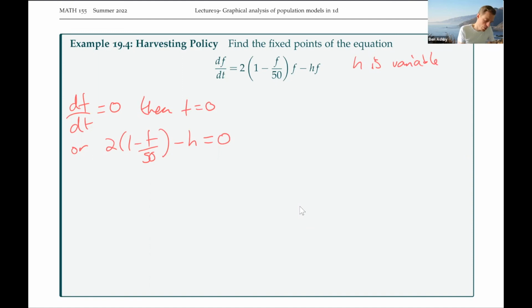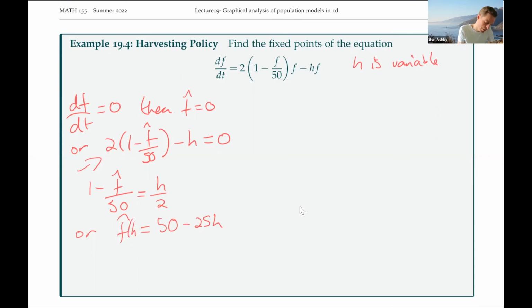Okay, so we can reorganize this equation here, and we end up with 1 minus f, let's call this f hat, over 50 is going to equal h over 2. Or we can write this as f hat is going to equal 50 minus 25h.